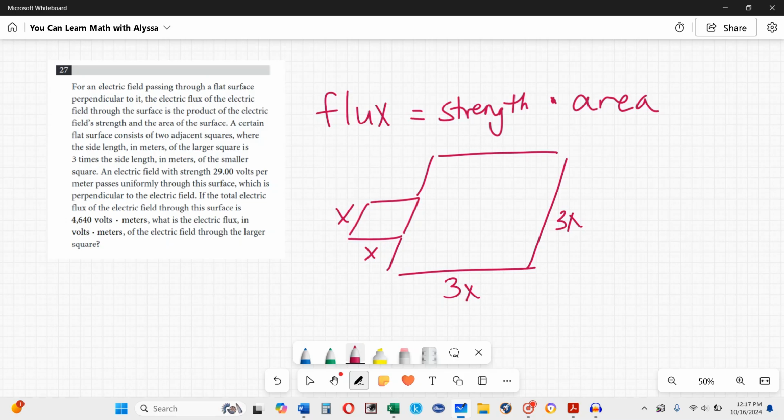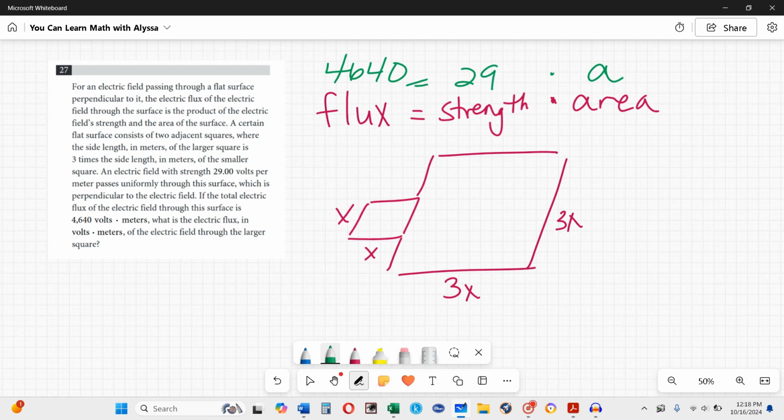An electric field with a strength of 29 volts passes uniformly through this, and if the total flux is 4,640, what is the flux that's going through the larger square?